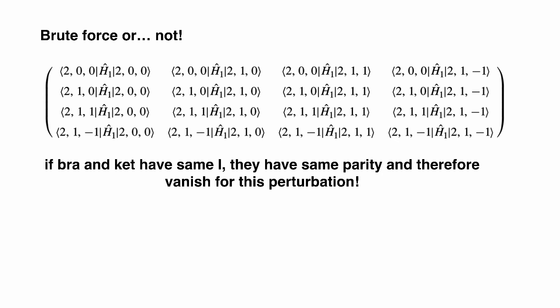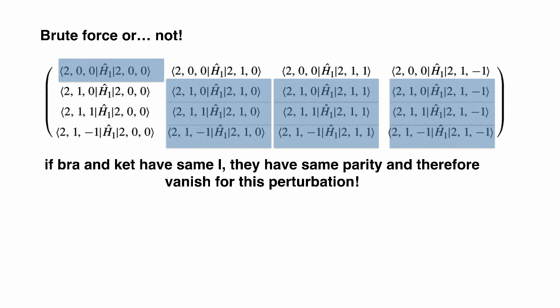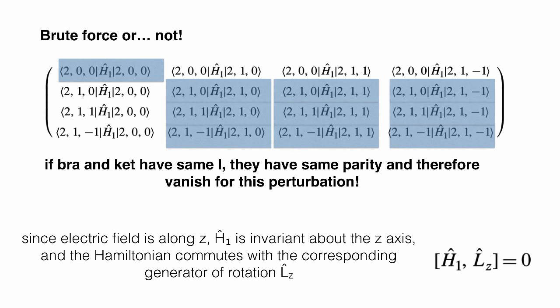Well, the integral is 0, clearly. So all those terms where L is the same will be 0. And that's quite a few. All these will be equal to 0. Good. That's excellent.